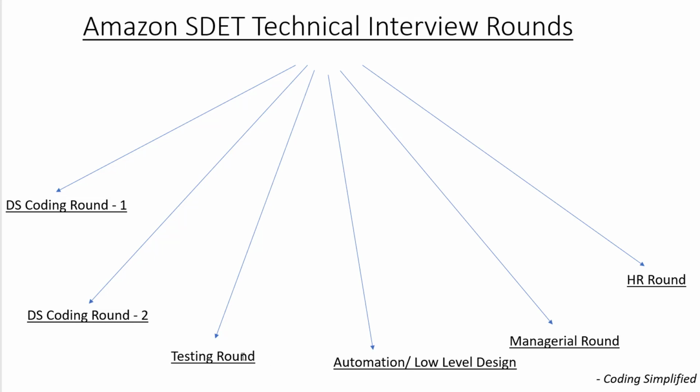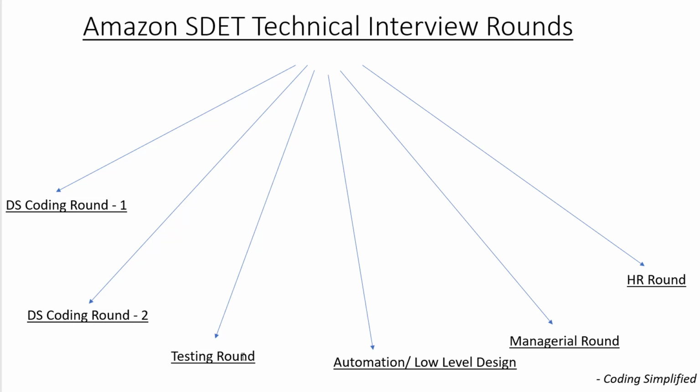Then in the testing round, what can happen, they can give you one scenario. Let's say you have some feature, and then what all scenarios are expected. Because if you are in a testing role and you are given a feature for testing, then what all can you think of related to testing, right? So a very basic example, let's say you are testing the login credentials, like login and password, so what all do you have to test, right?